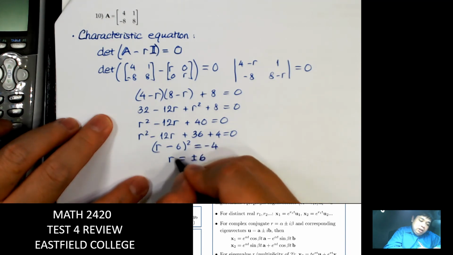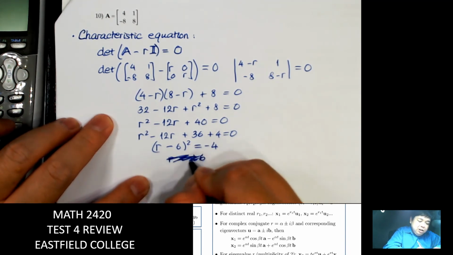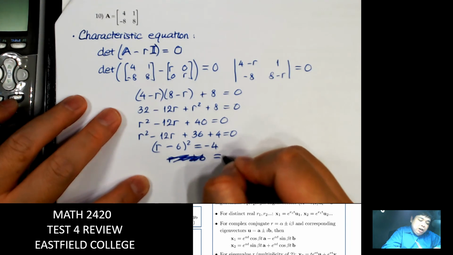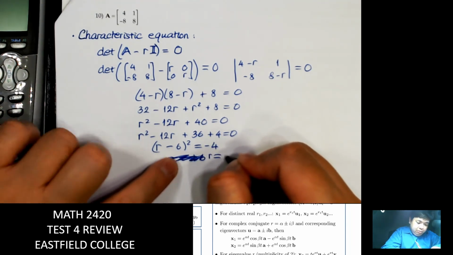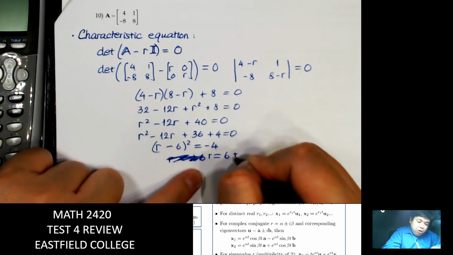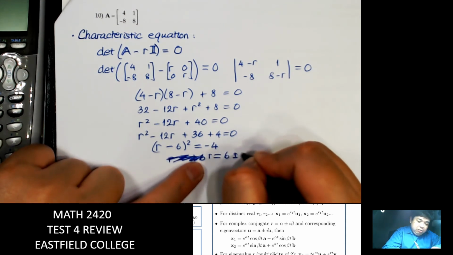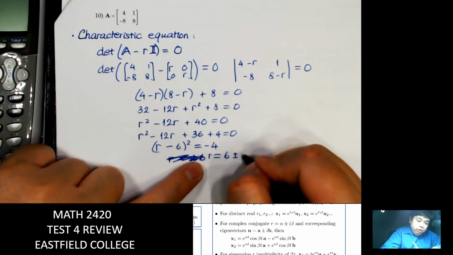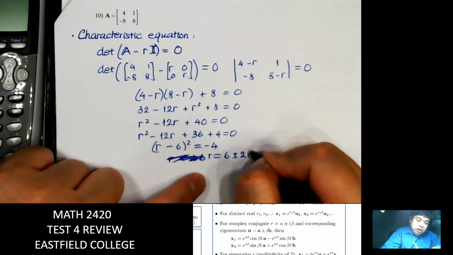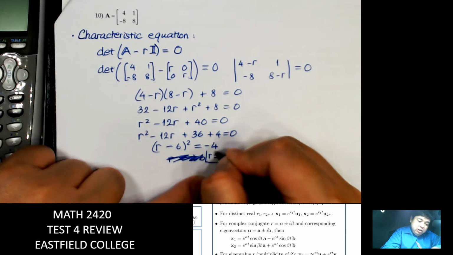Sorry. R equal to 6 plus or minus square root of negative 4. Square root of negative 4 is 2i, so plus or minus 2i. So those are the eigenvalues.